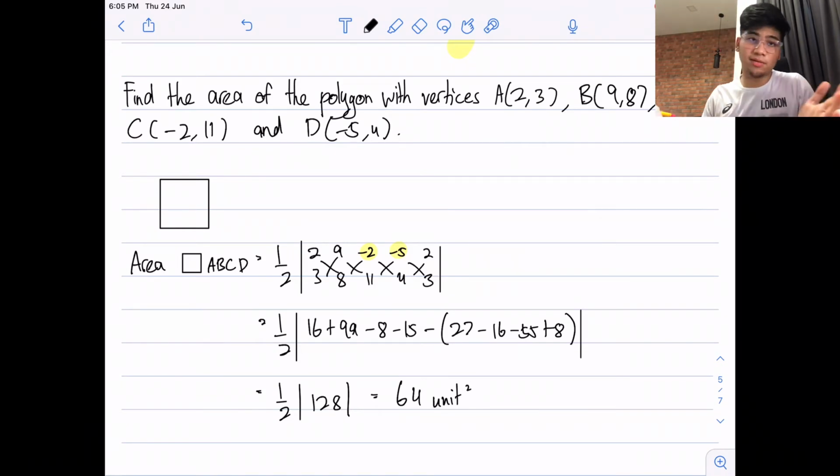The reason why we have the modulus is because sometimes you might be calculating the area of a polygon that is in, let's say, the second, third, or fourth quadrant, which have negative values. So the modulus is supposed to be balancing it out.